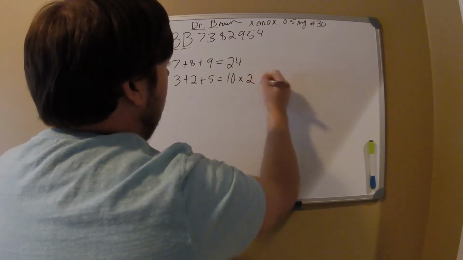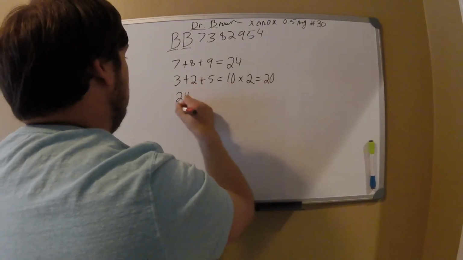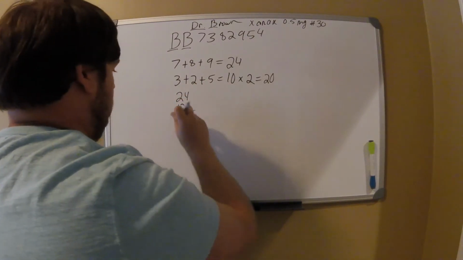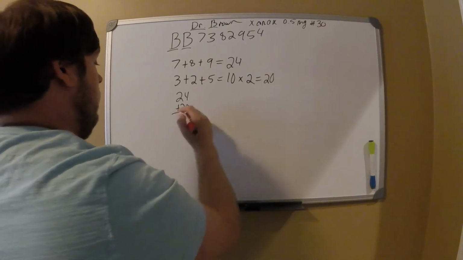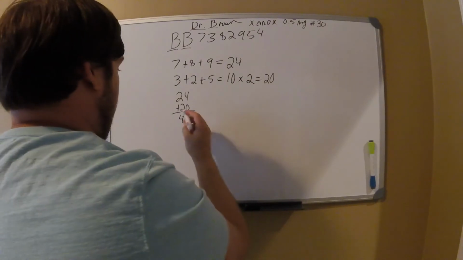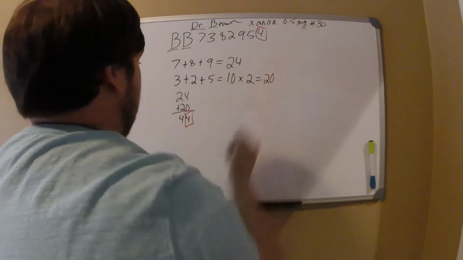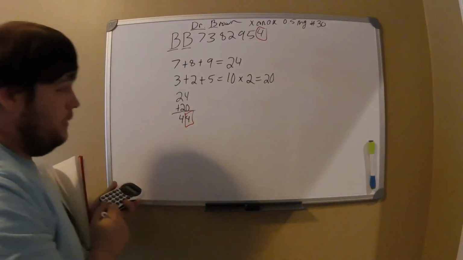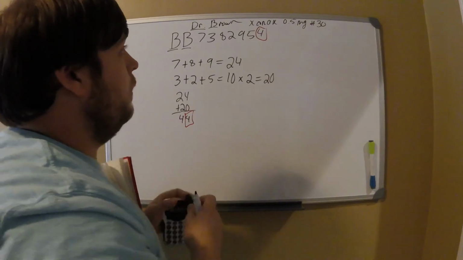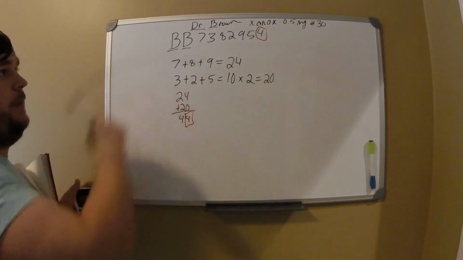Remember, we're going to multiply that one by 2, it's 20, and 24 plus 20 is 44. And the last digit matches. So it's 4. So this is an active or valid DEA number for Dr. Brown. So he's good. So we can fill this prescription for this patient.